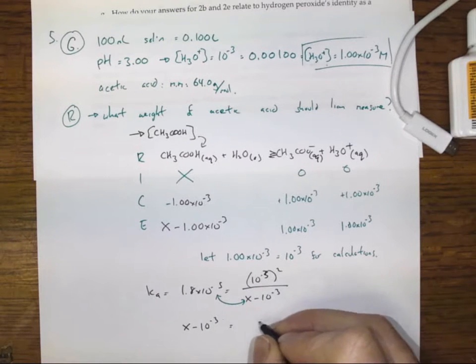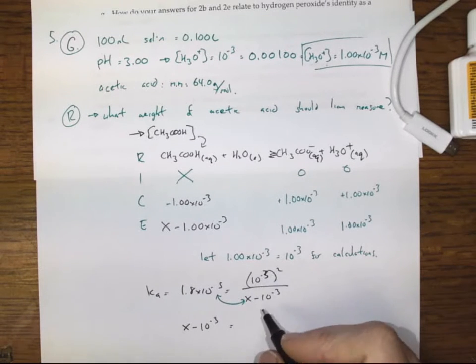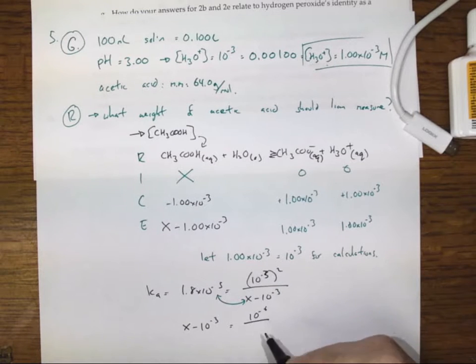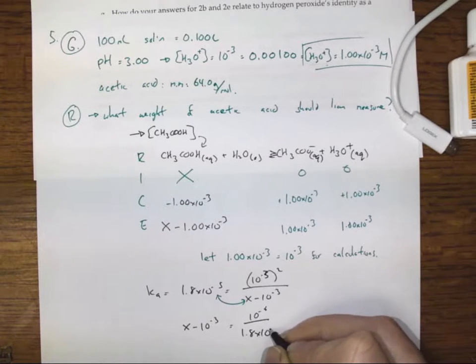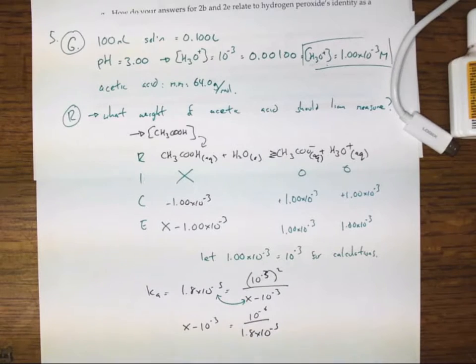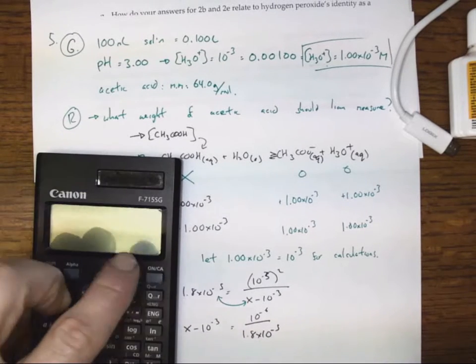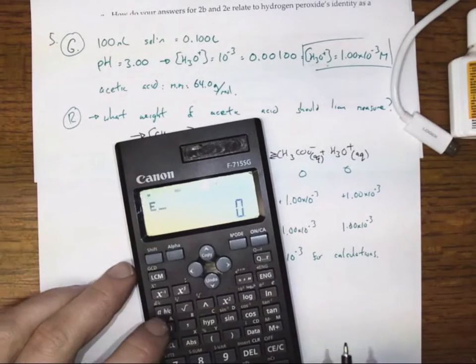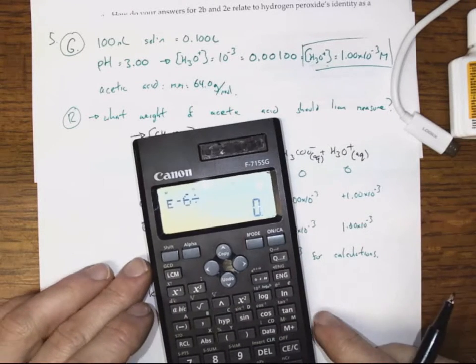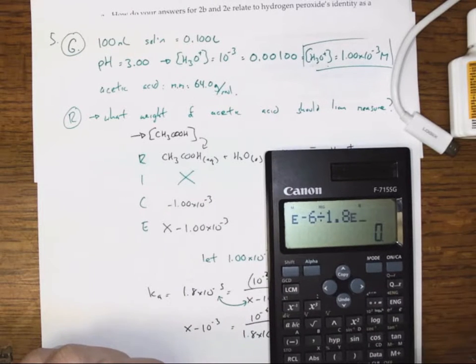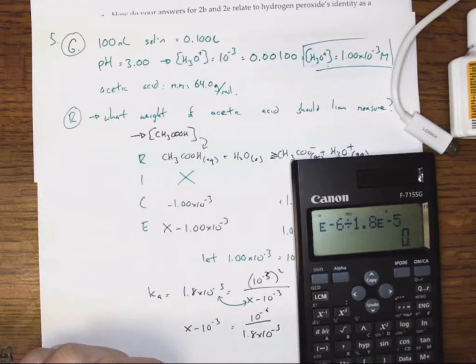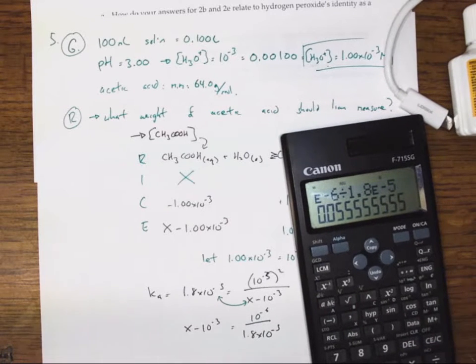That's going to be equal to 10 to the negative 6 over 1.8 times 10 to the negative 5. So 10 to the negative 6 divided by 1.8 times 10 to the negative 5, we get 0.0556 for x minus 10 to the negative 3. I'll just round it there.